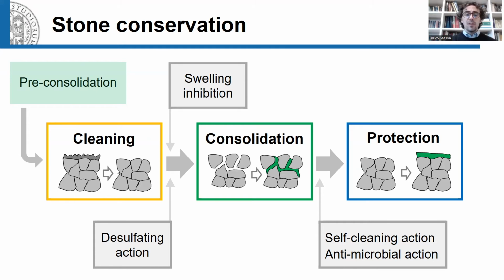Consolidation can be preceded by other phases such as desulfation, so the retransformation of gypsum formed by sulfation into a more stable compound, or for instance in the case of sandstones containing swelling clays, we may have the application of swelling inhibitors, basically surfactants that reduce the swelling of the clays.